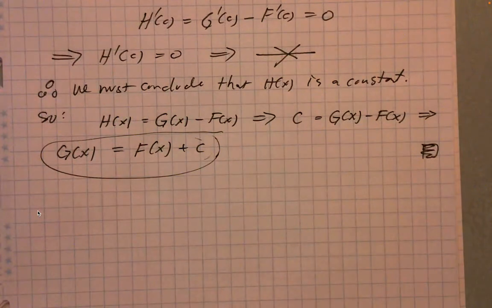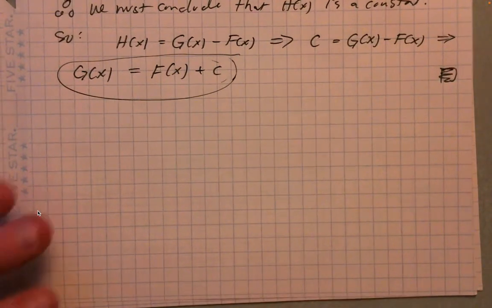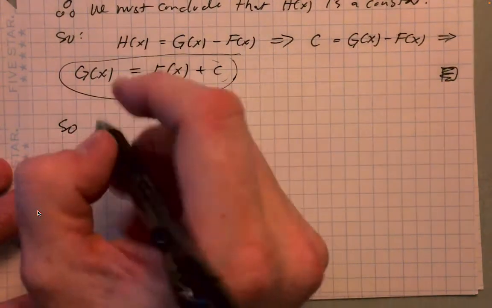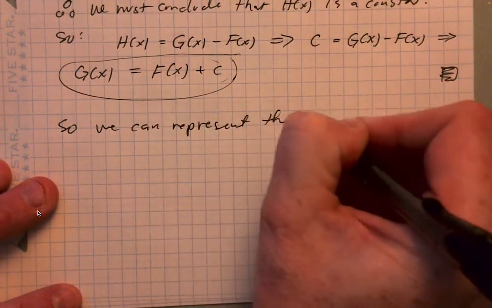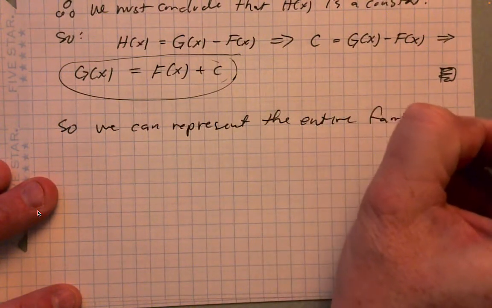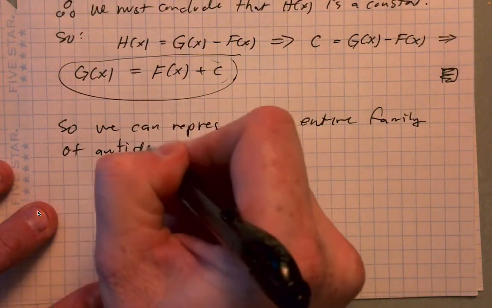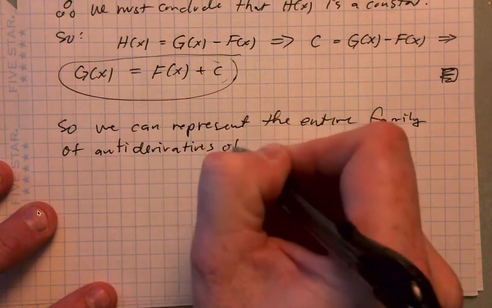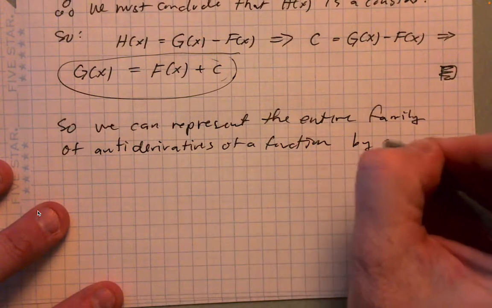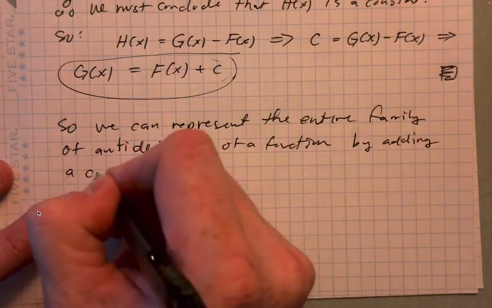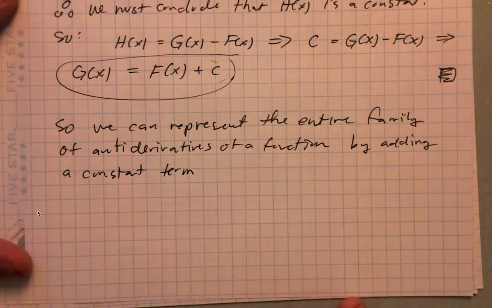And so what does this mean? Well, it means that any antiderivative is going to be of the form big F of x plus c. Right? So essentially what this means is that we can represent the entire family of antiderivatives of a function by just adding a constant term to a known antiderivative. So let me write that down. That's one of the big ideas of this first section. So we can represent the entire family of antiderivatives of a function by adding a constant term to any known antiderivative of the function.